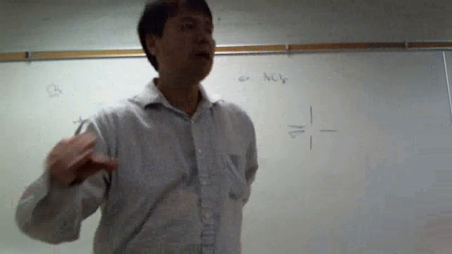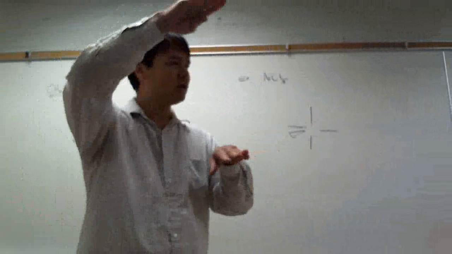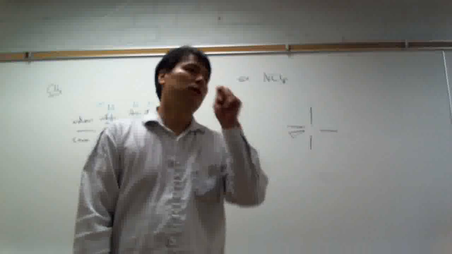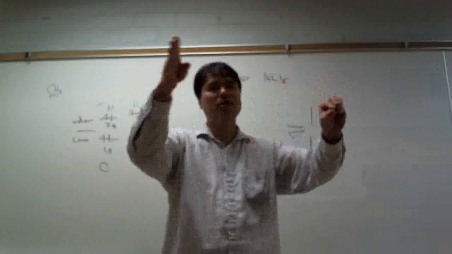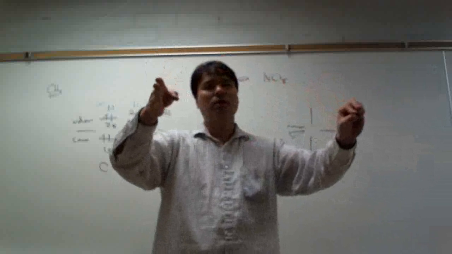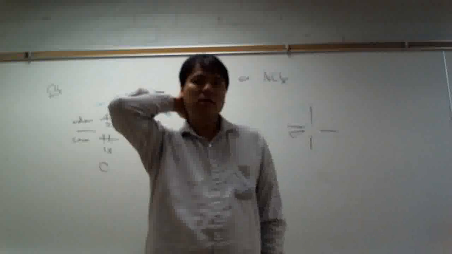So you took the 2s electron and then moved it to the 3s. When you think about it, here's the nucleus, and then you have your 2s here, but the 3s is a big jump there.